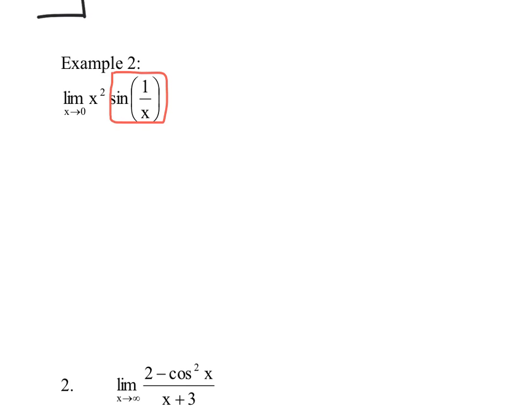But let's focus on something that we would consider to be a known quantity, like, for example, a sine function. Whether it's sine of 1 over x, sine of 10x, sine of pi x, whatever, the result of that function is always going to be between what and what? Negative 1 and 1, right?